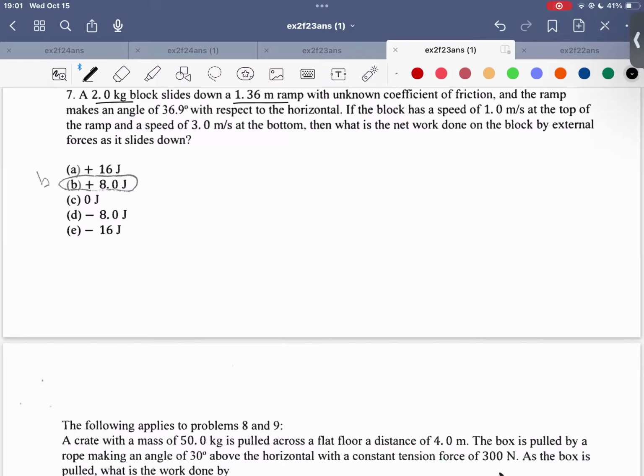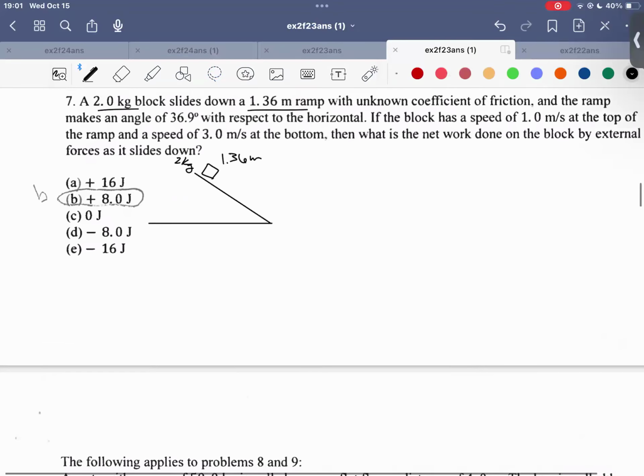Okay, so let's just start with the picture. We have this 1.36-meter ramp, and we start with this block at the top. That's 2 kg. And this angle at the bottom of 36.9 degrees.